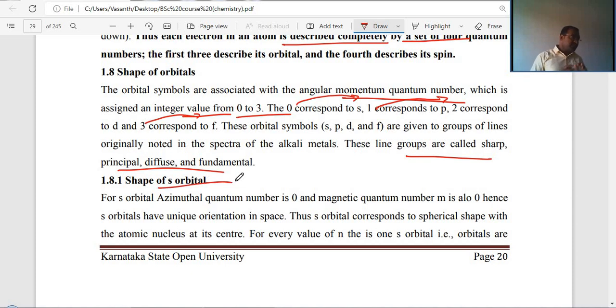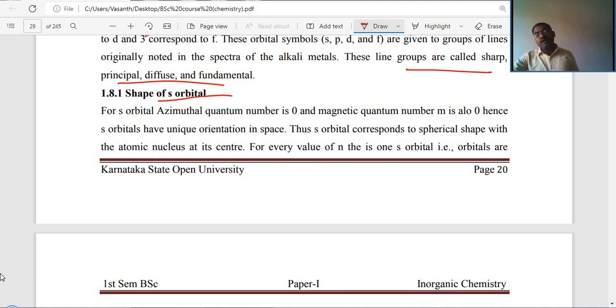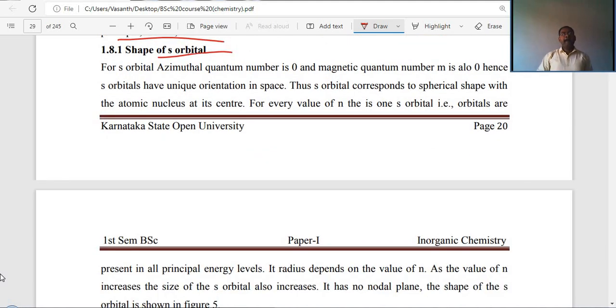Now we are going to discuss the shape of the s orbital. With the help of the azimuthal quantum number and magnetic quantum number, the s orbital has a unique orientation in space. Thus, s orbitals are spherical in shape with the atomic nucleus at the center.